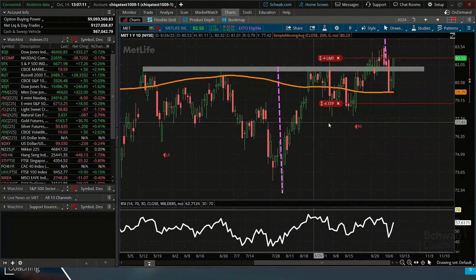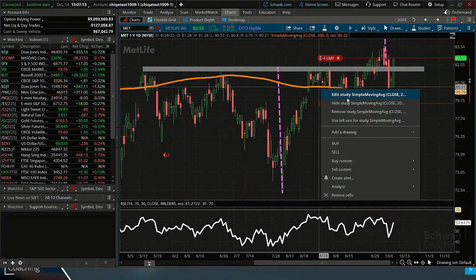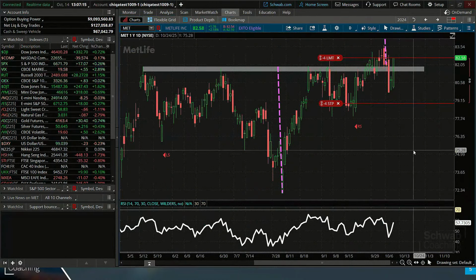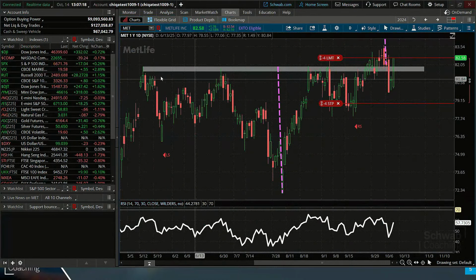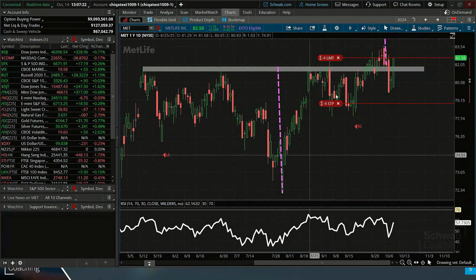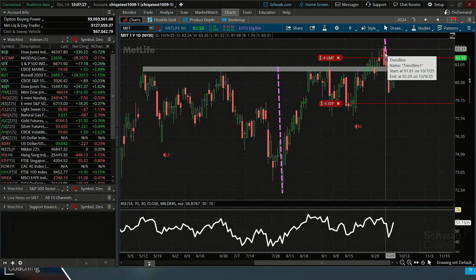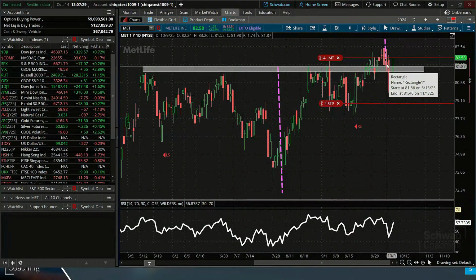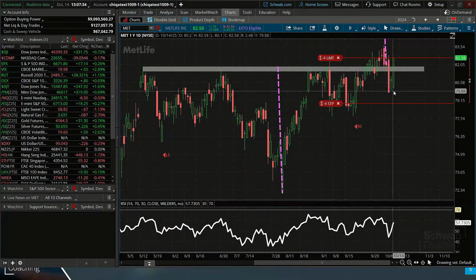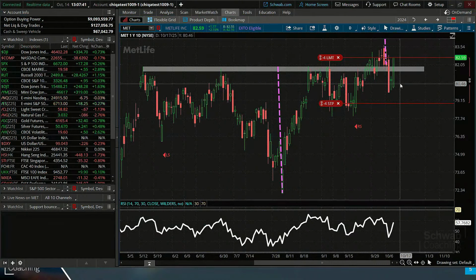Remember, I'm going to hide this study here so we can see price action. We saw a head and shoulders pattern taking place, with the left shoulder here, the head right there, and then the right shoulder. We saw a breakout, which gave us our confirmation and we initiated the trade, and then Friday with the sell-off we were brought back in there. So it could have been a pattern failure, but today we're working on a close.